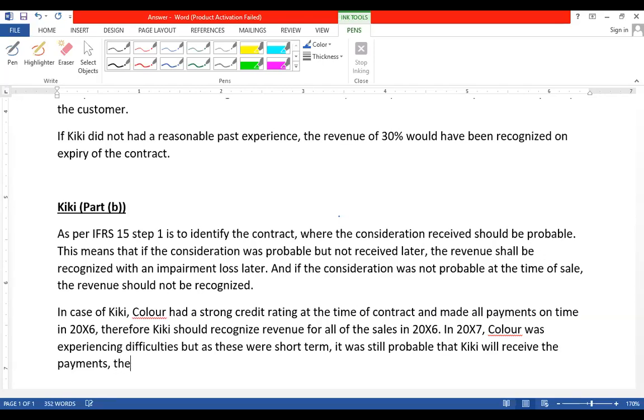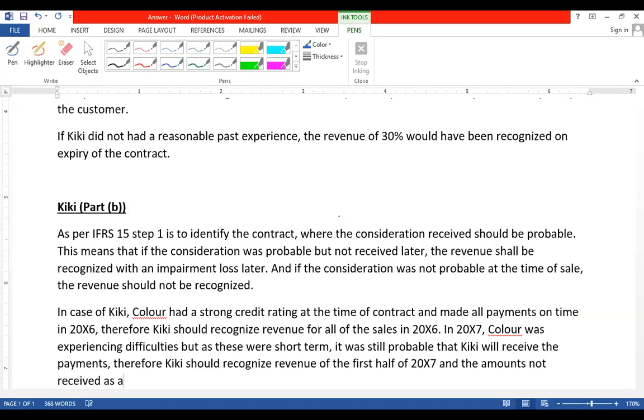Therefore, Kiki should recognize revenue for the first half of 20x7 and the amounts not received as a bad debt expense.